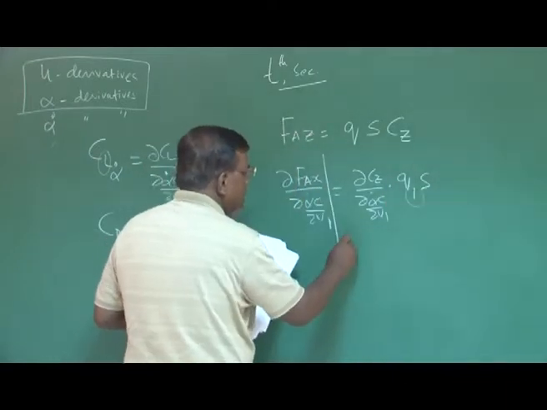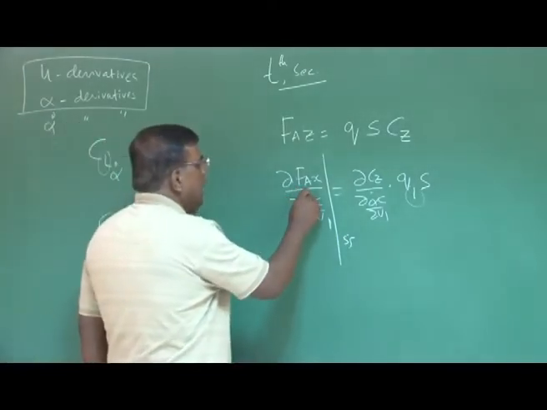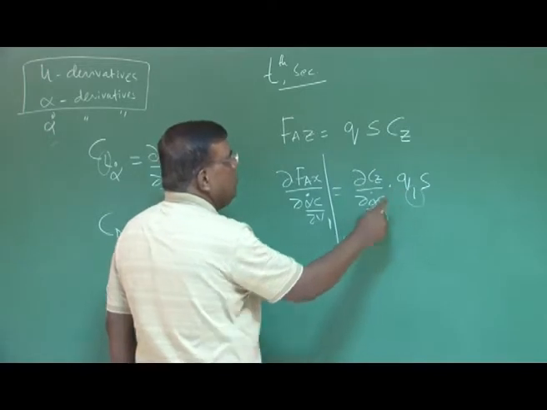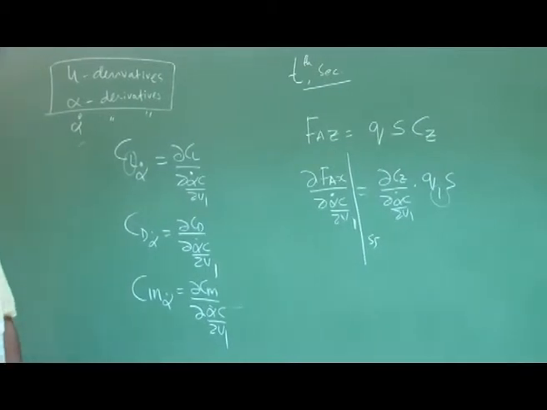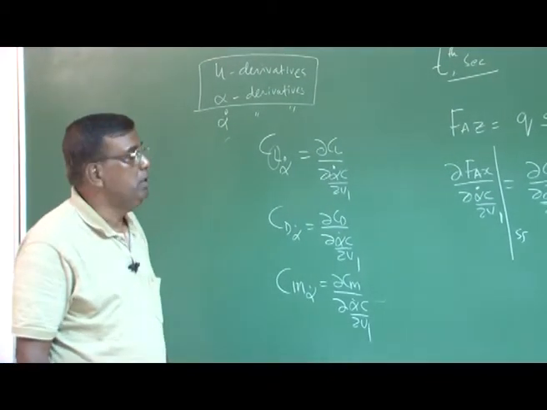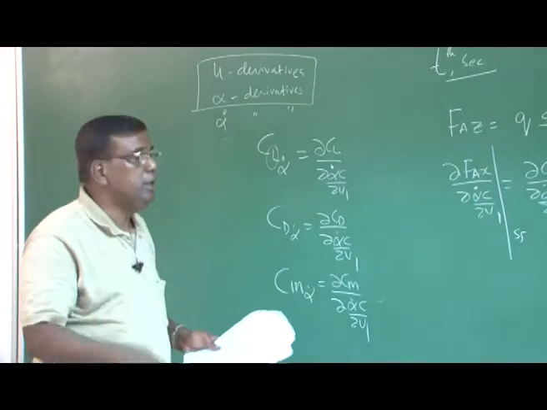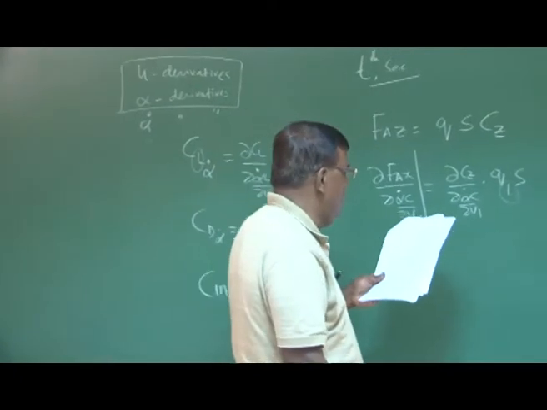Because this has to be evaluated at steady state. At steady state, q becomes q1. For our analysis, the steady state is the cruise. So the dynamic pressure corresponding to the cruise speed at a given altitude is q1. These things are well known to you.